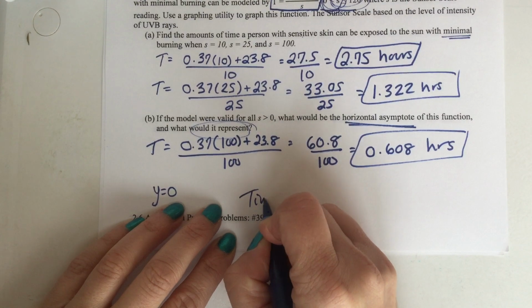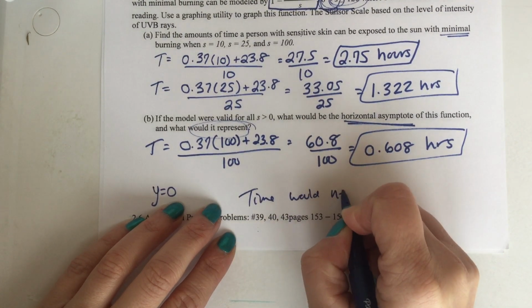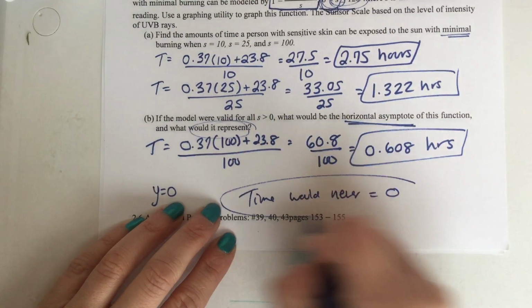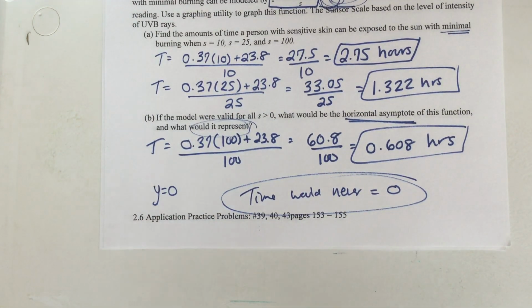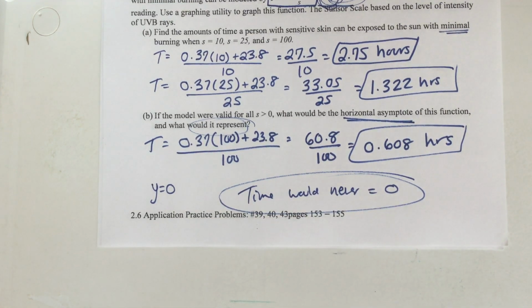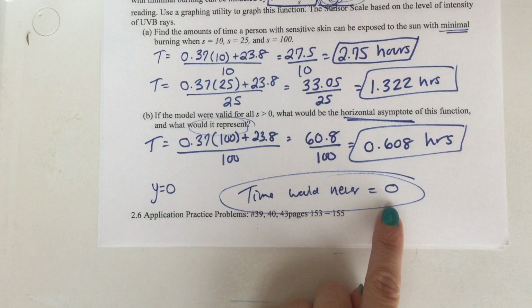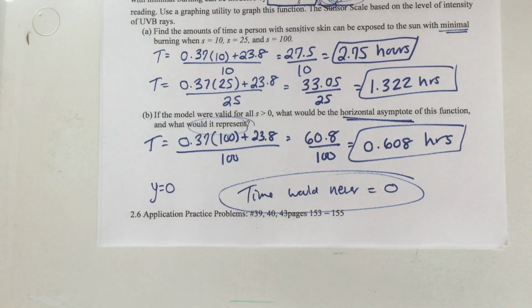So the time would never equal 0. Even if the Suncer scale was 120, you could go out for at least a minute or two. It will never hit a point where they're like, hey, you need to hide in the closet and eat sunscreen. Those of you who have ever watched Benchwarmers, you're laughing right now because you know what I'm talking about. The time would never be 0. You could always go outside at least and soak up some of that vitamin D.